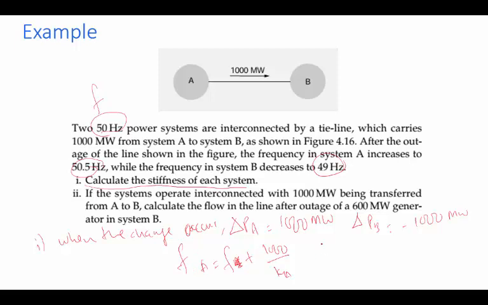And then your FB equals F minus 1000 over KB. Okay, so we write again, FA equals F plus 1000 divided by KA. FB equals F minus 1000 over KB.